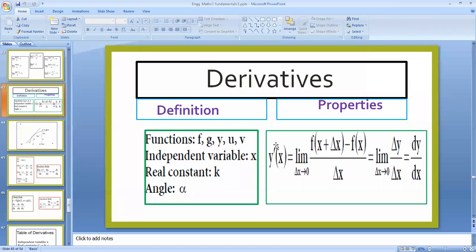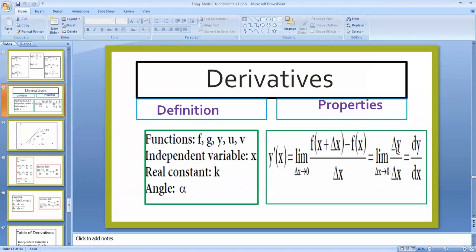But how do you define it mathematically? It is defined as y dash of x is the limit as del x tends to 0, where del x means a very small change in x, of f of x plus del x minus f of x upon del x. We call this the limit as del x tends to 0 of del y by del x, or this limit is nothing but dy by dx.